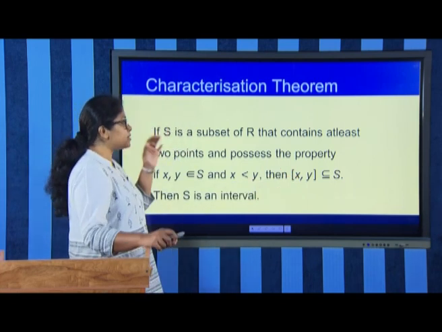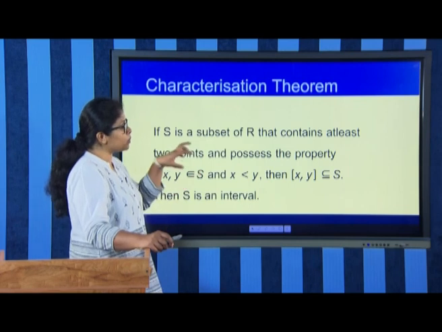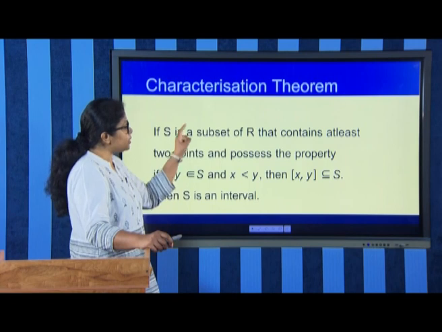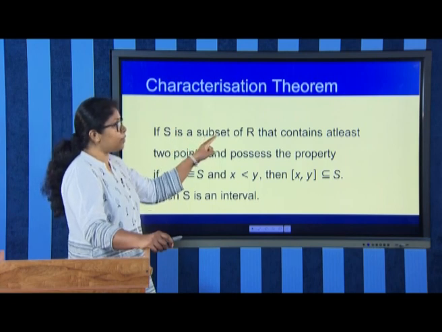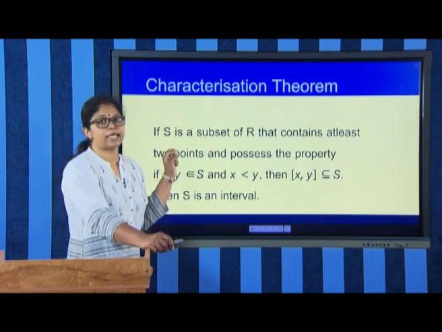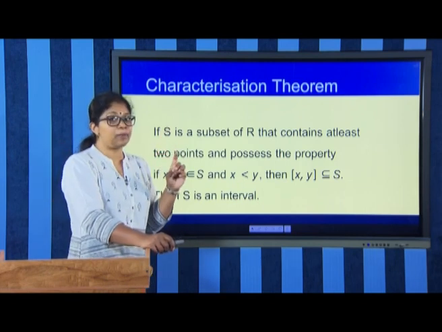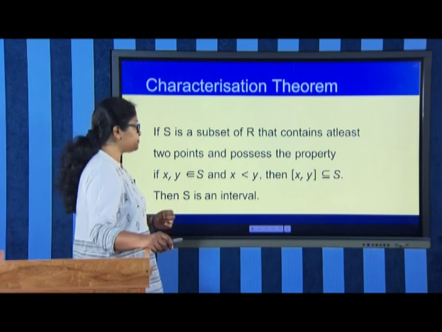If you look closely, suppose S is a non-empty subset of R which contains at least 2 points. That is why we are saying it is a non-empty subset: there should not be a single point, there should be at least 2 points.